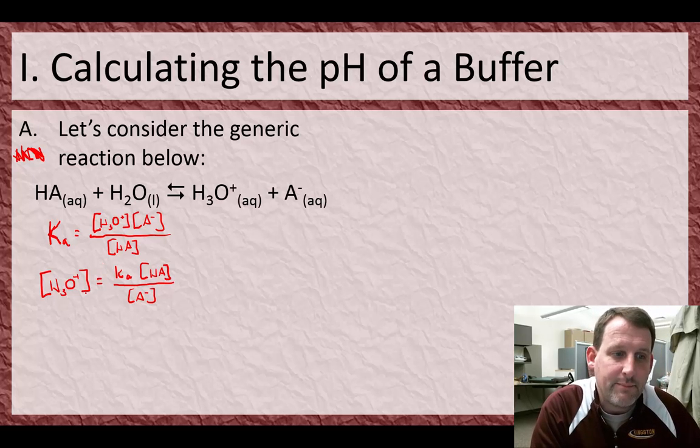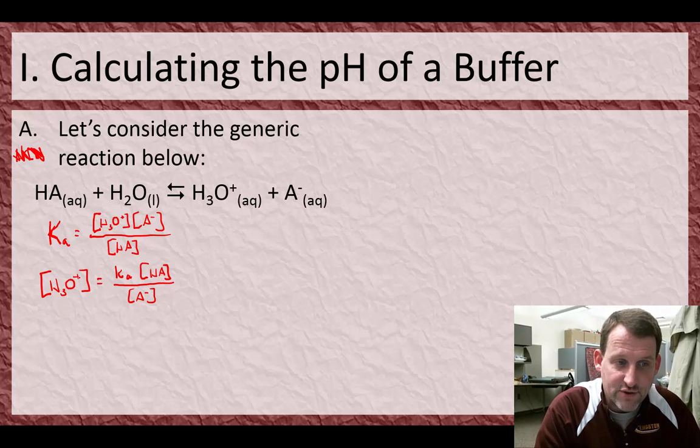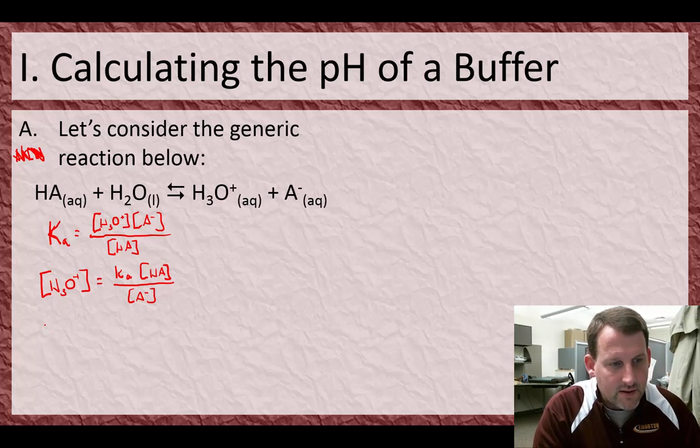Now I know that the pH is equal to the negative log of the H3O+ concentration. So I can take the negative log of both sides.